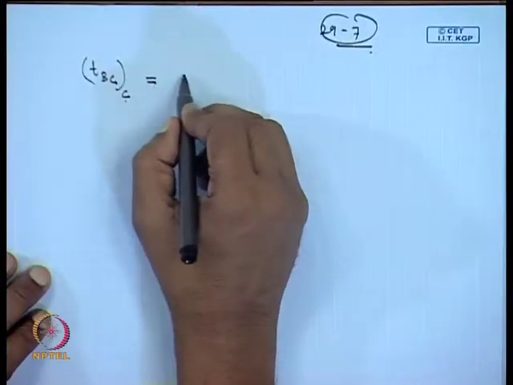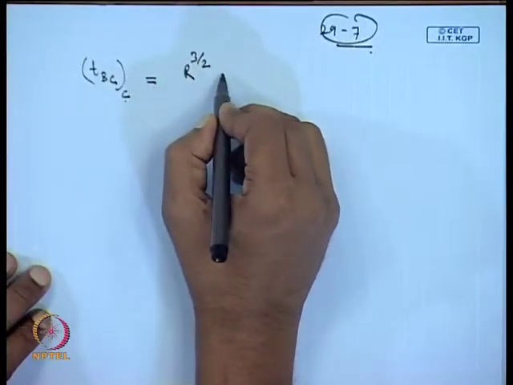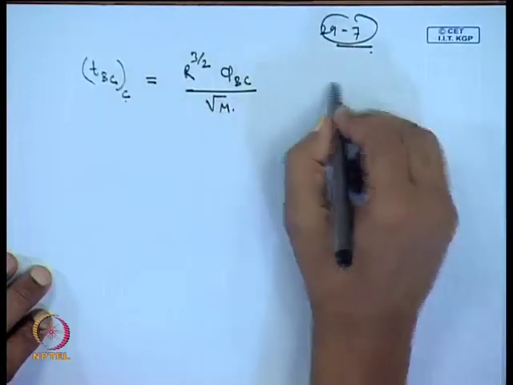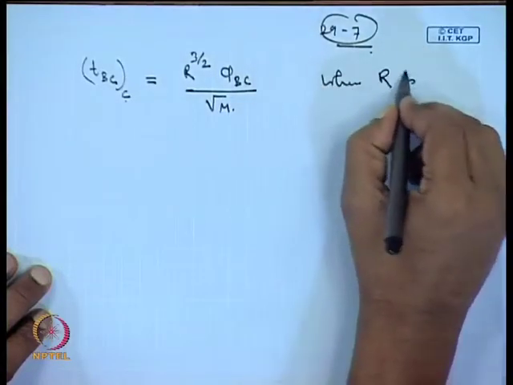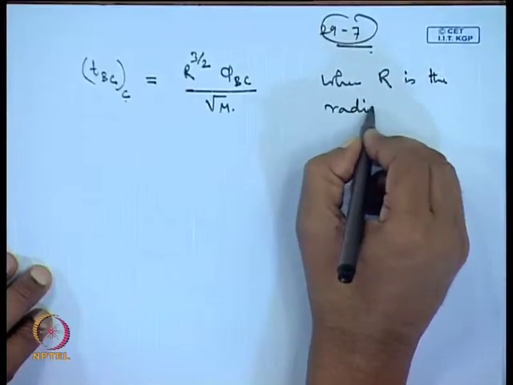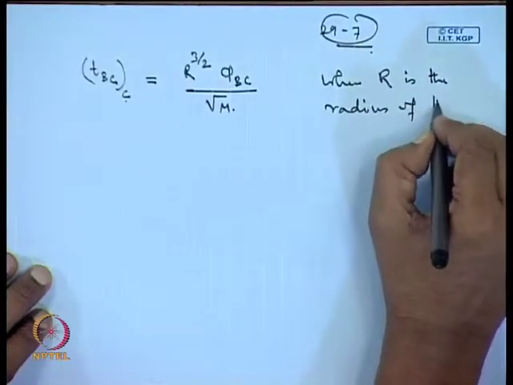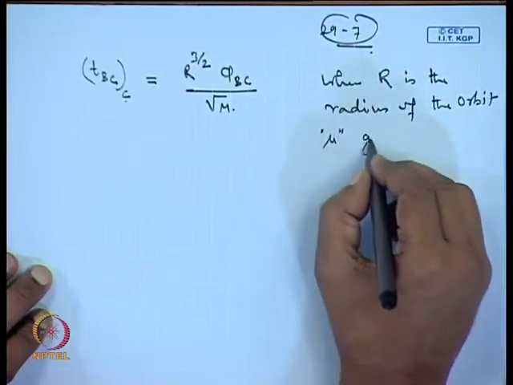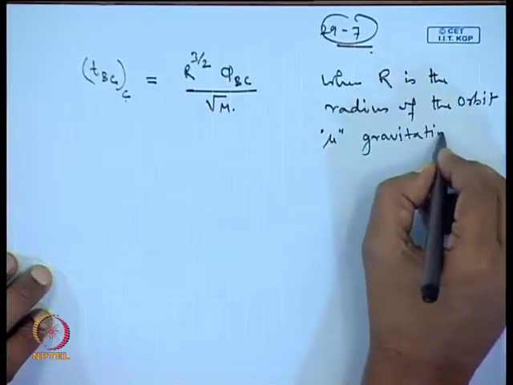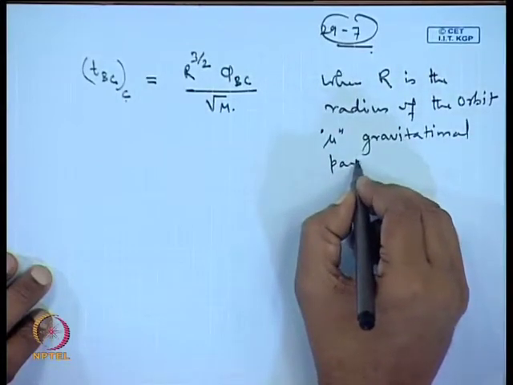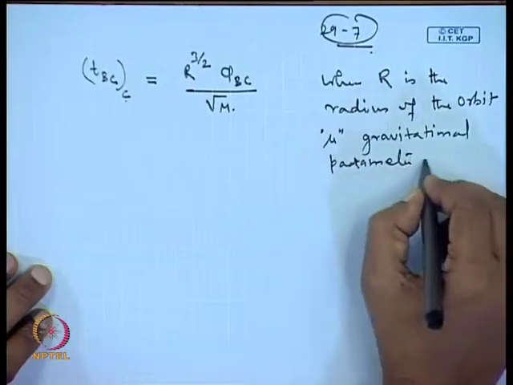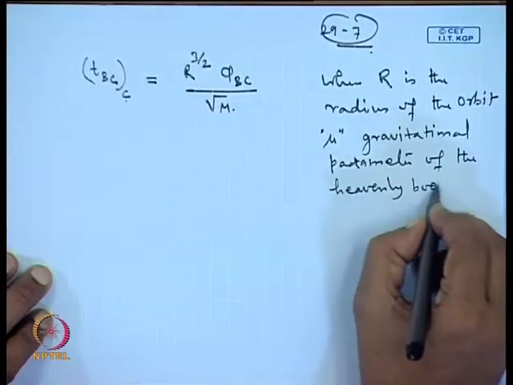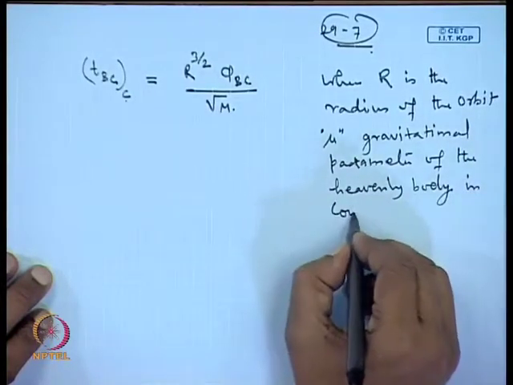So, TBC circular will become r to the power 3 by 2 times phi BC divided by mu under root, where r is the radius of the orbit, and mu as usual is the gravitational parameter of the heavenly body in consideration.